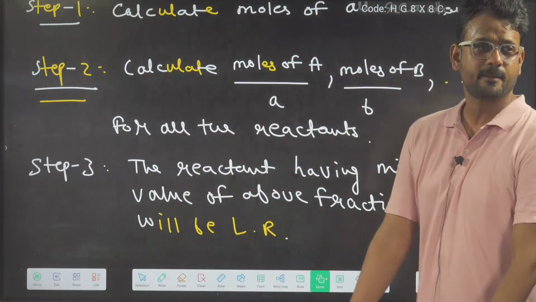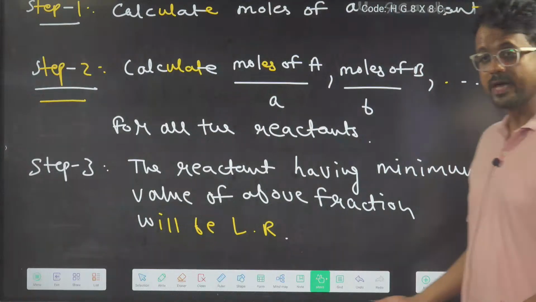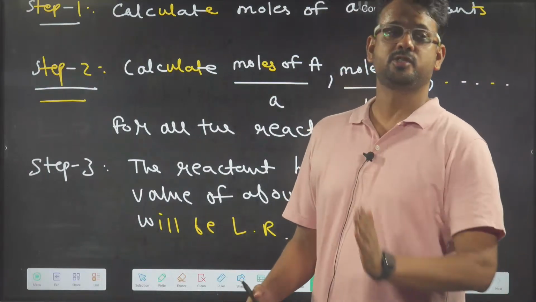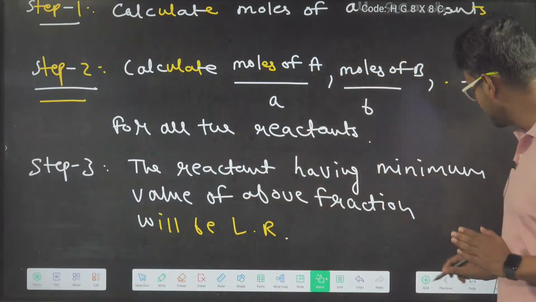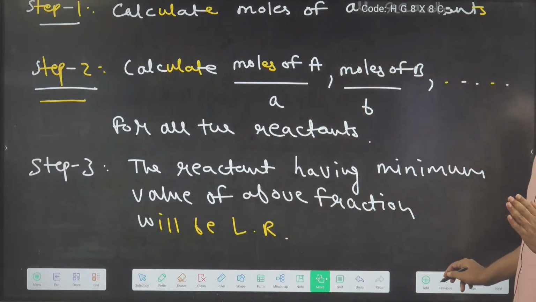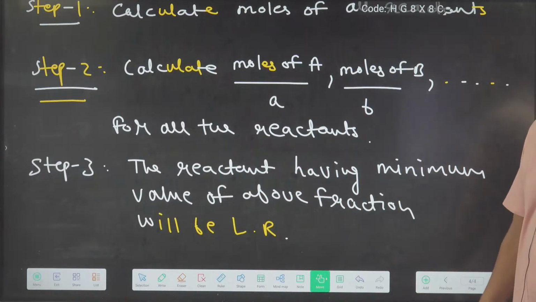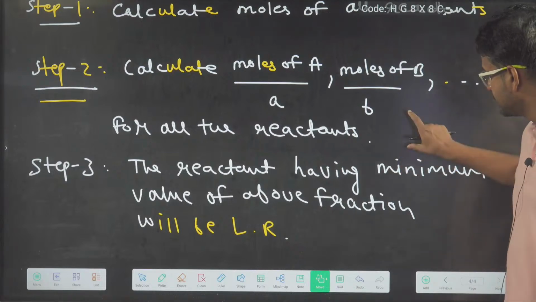This is how you can tell the limiting reagent with surety and not on the basis of feelings. Feelings don't fetch you marks. Processes get you marks. Good exam. Quickly note this down, everybody.